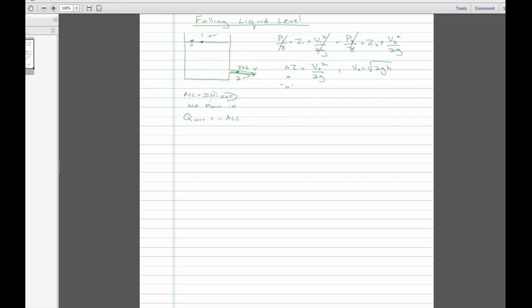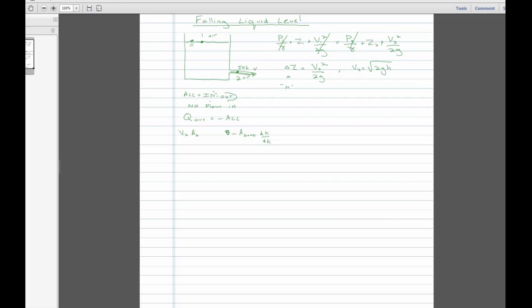As it was presented in the slide prior to this example, the flow rate out term is V2A2, and the accumulation term is negative the area of the tank dH/dt.